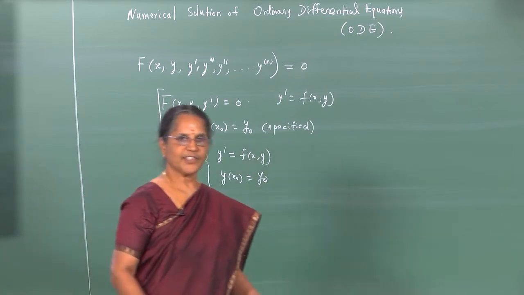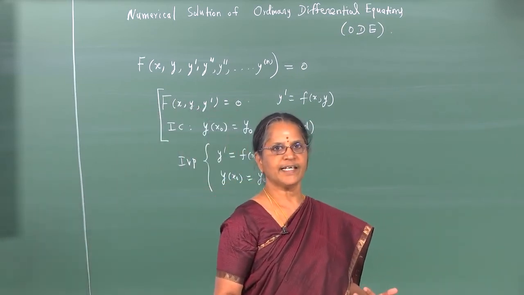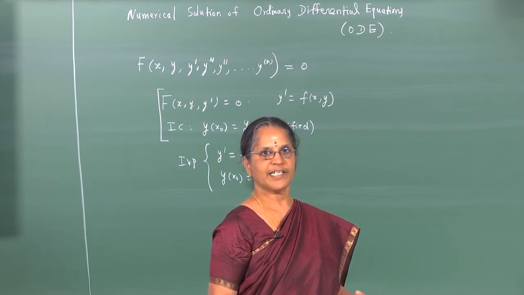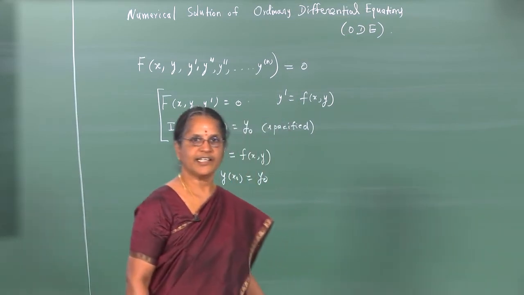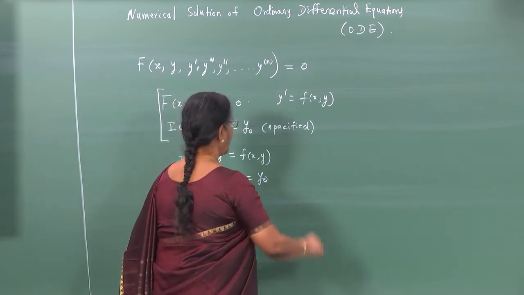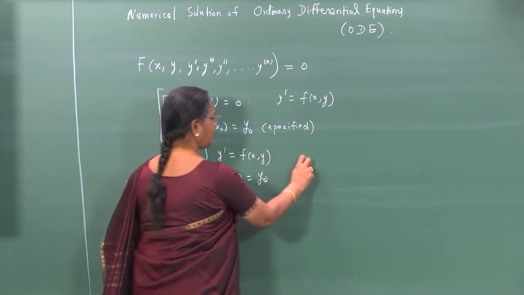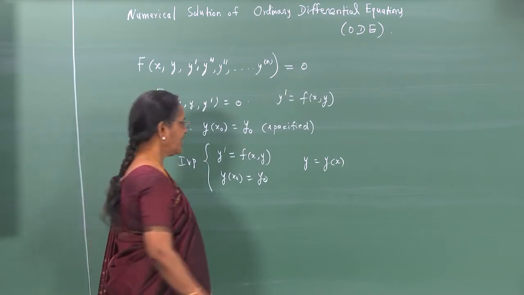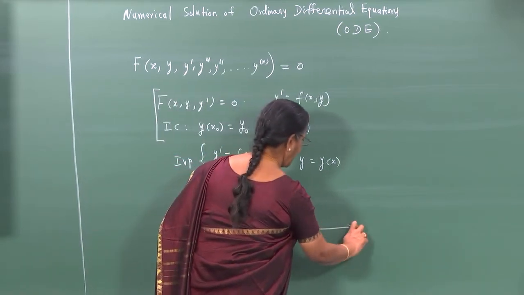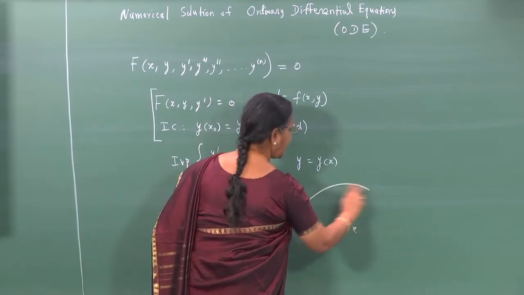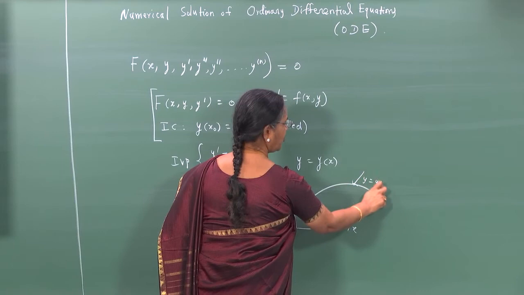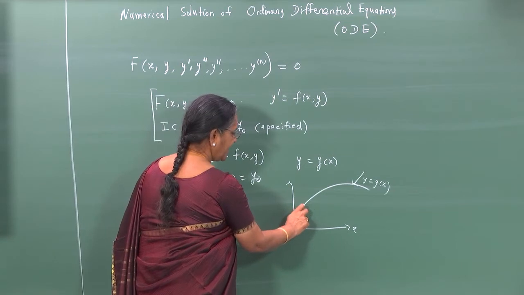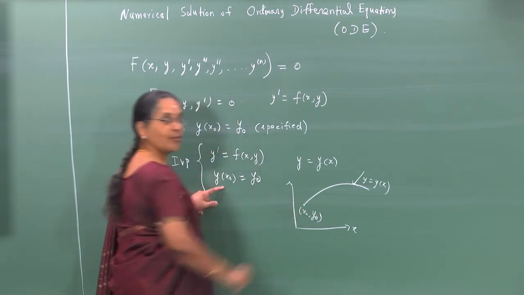The first question that comes to our mind is, can we interpret it and understand what this differential equation represents and what does the initial condition give us? So, we know that the solution of this differential equation is some function y is equal to y of x, which is a smooth function, such that in the xy plane I need to find out what this curve y equal to y of x is, such that the initial condition tells that it passes through the point x naught, y naught.